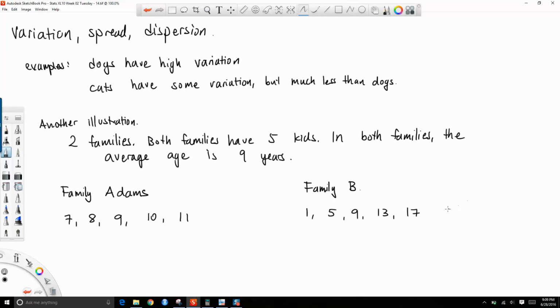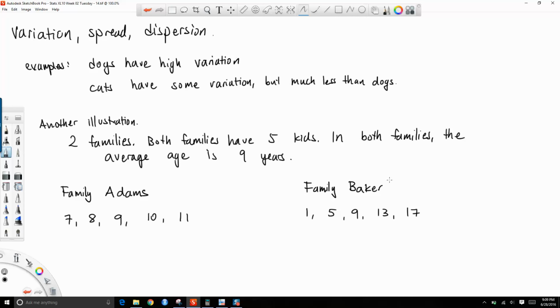Okay? And so if we picture life in family A, or the Adams family, you can kind of picture what life is like there, and the kids are all very close to each other in age, okay?